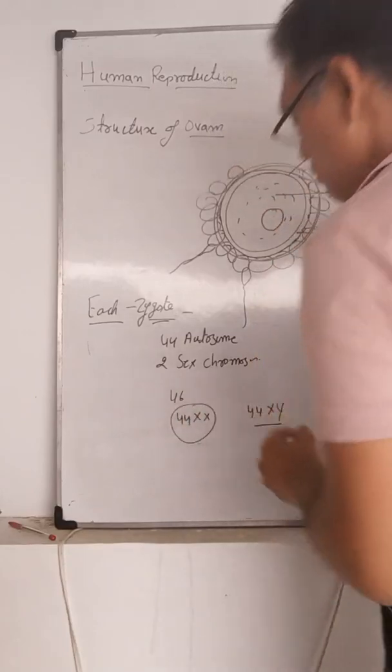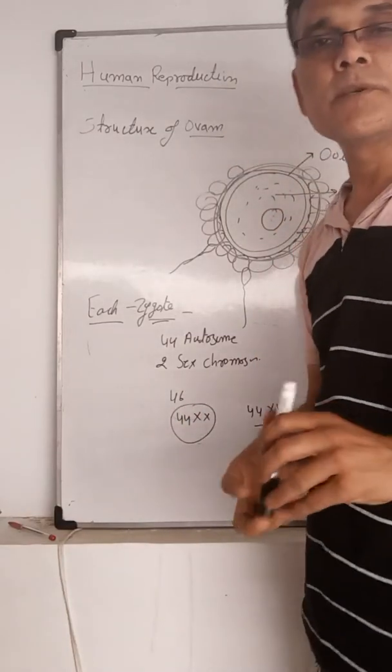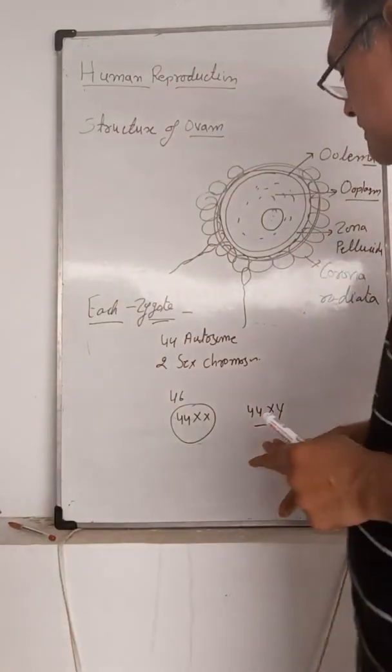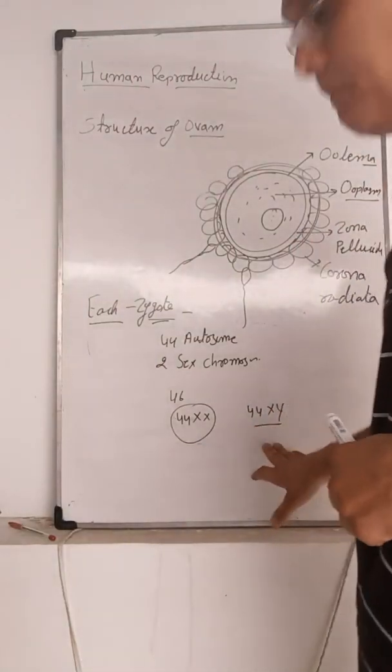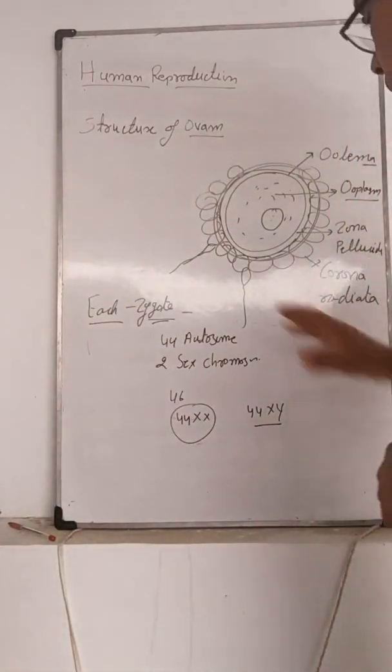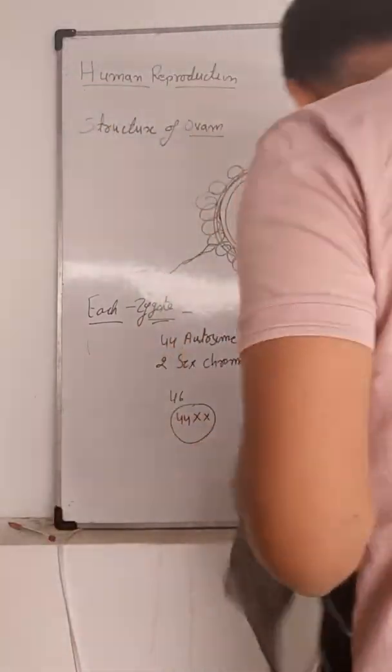If 44 XX is there, it produces a female, and if 44 XY is there, it produces a male. So the sex depends upon the chromosomes.